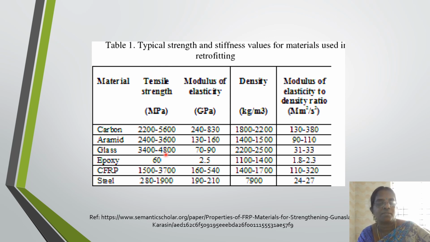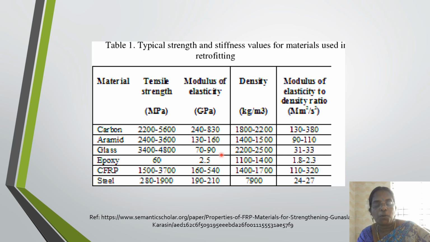It's very less, right? Modulus of elasticity also is very less. But when it comes to CFRP, that is carbon fiber reinforced polymer with epoxy, it becomes moderate. So both properties I am able to incorporate, elastic property as well as strength.